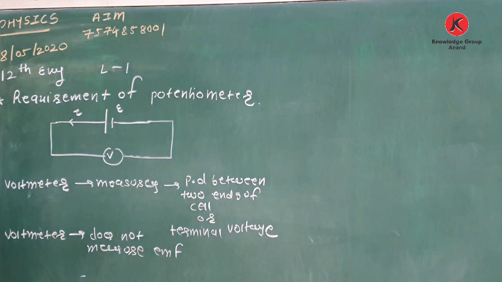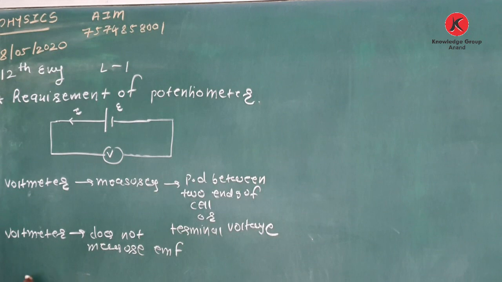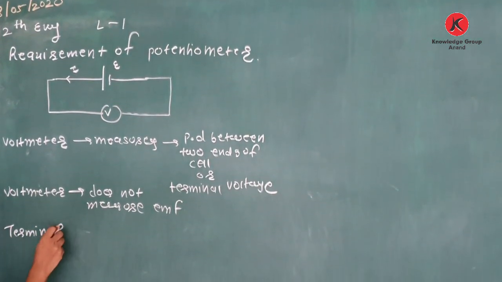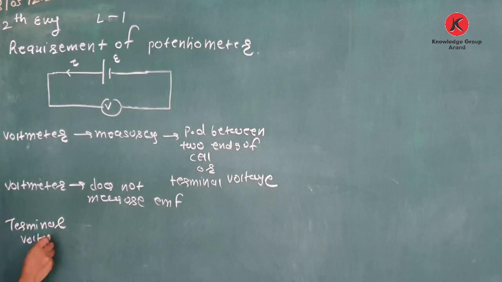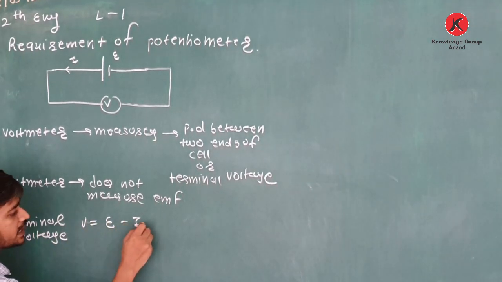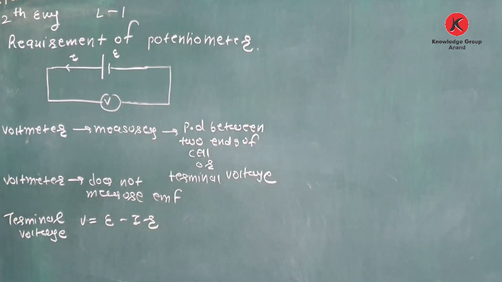If I write the equation of terminal voltage, V is equal to E minus Ir, where V is the terminal voltage, E is the EMF, I is the current flowing in the circuit, and r is the internal resistance of the cell.